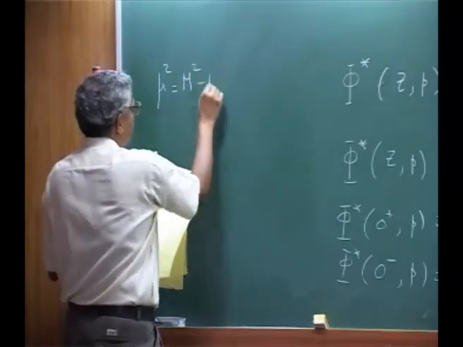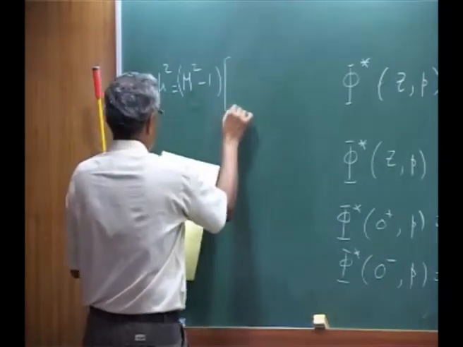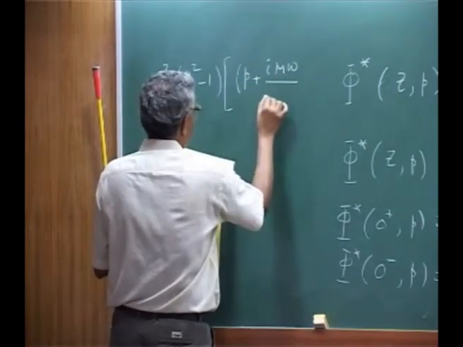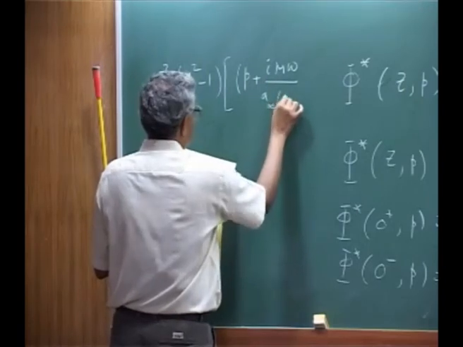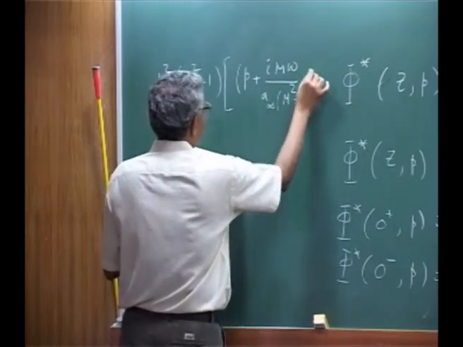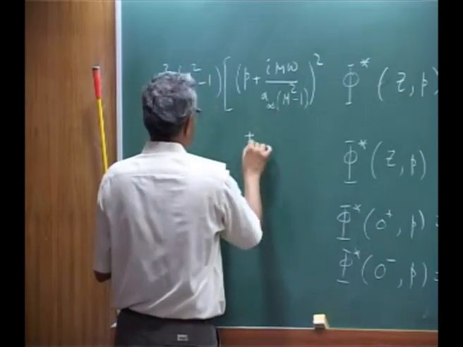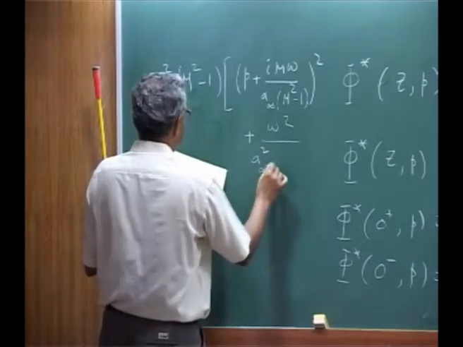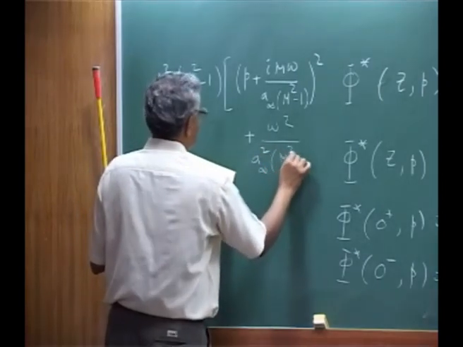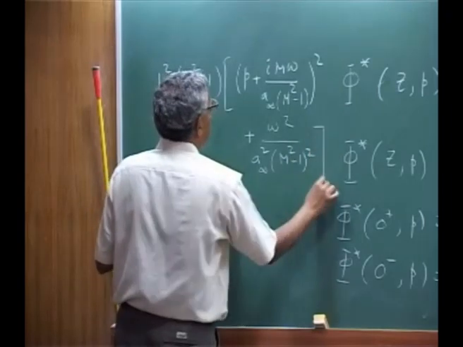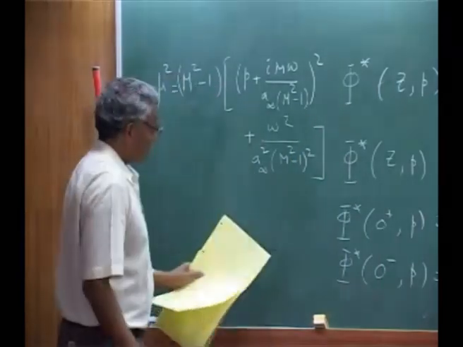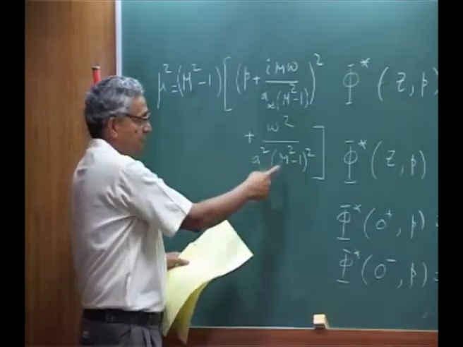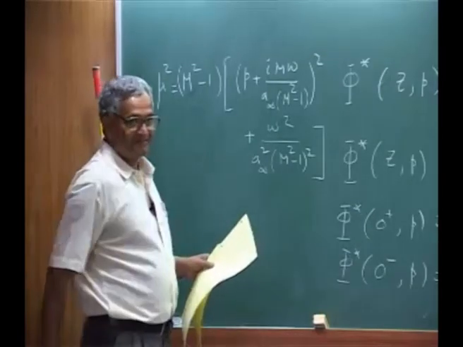So okay, m square minus 1 into p plus i m omega over a infinity m square minus 1, whole square, plus omega square over a infinity square m square minus 1 whole square. Okay. This is like one square quantity plus another square quantity.